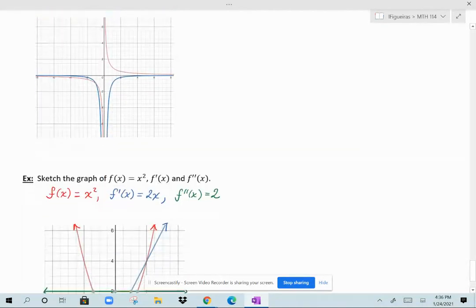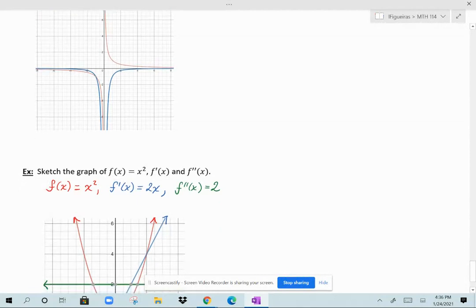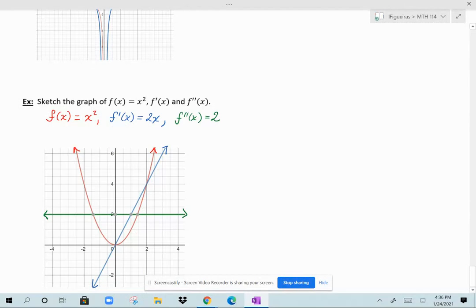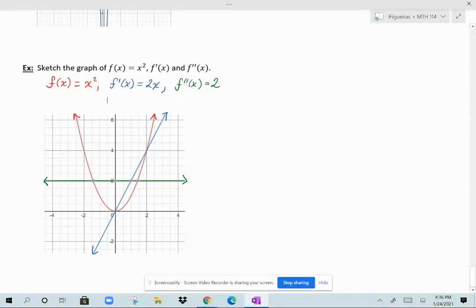Here's another one. It's a quadratic, a linear, and a constant. So my quadratic is in red. My f prime, which is a linear function, is in blue. And f double prime is in green, and that's a constant of 2. So just like I explained before, on the red curve, I have a vertex for the parabola at 0, 0.